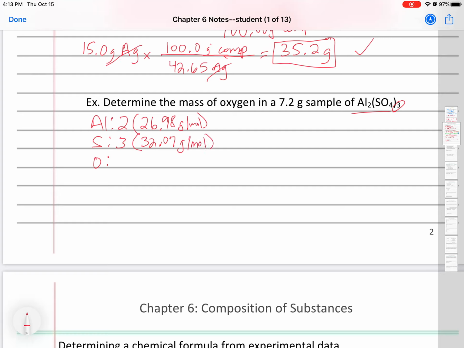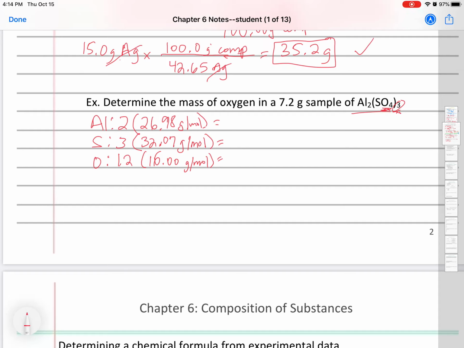And then there are 12 oxygens because there's 4 times 3. So that's a total of 12 oxygens, which are 16.0 grams per mole. And now we calculate these totals and add them up.